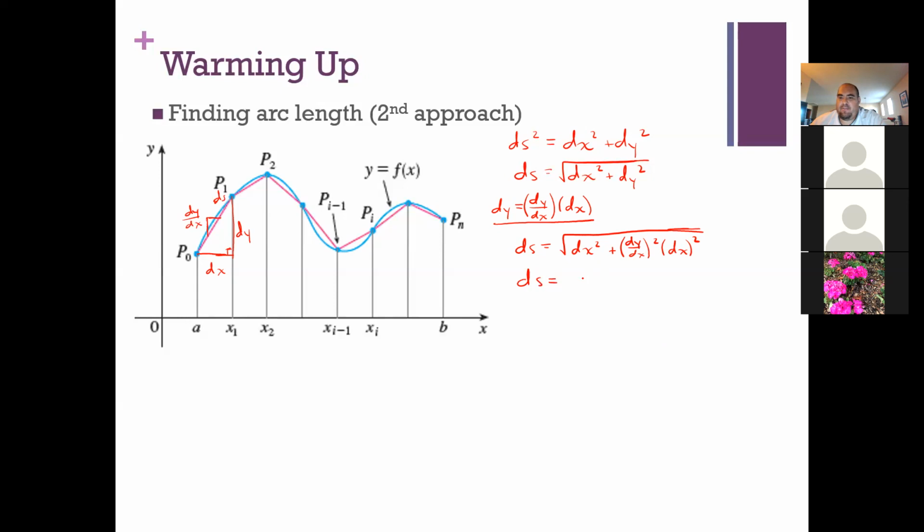Let's keep on going here. I'm going to factor because I have a common dx squared term. So this is the square root of dx squared times 1 plus dy dx squared.